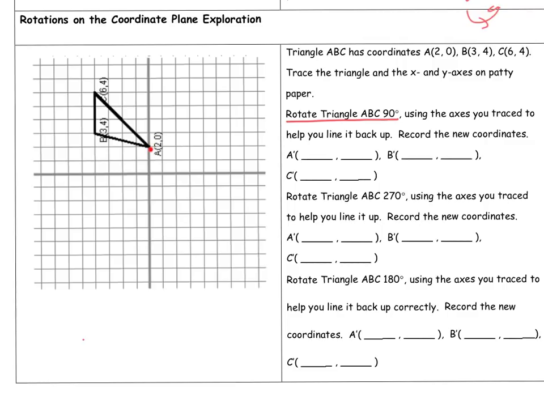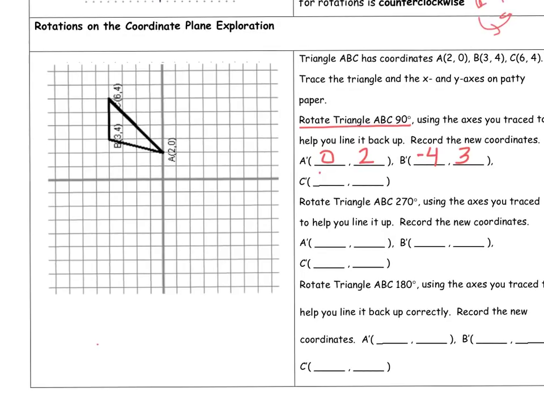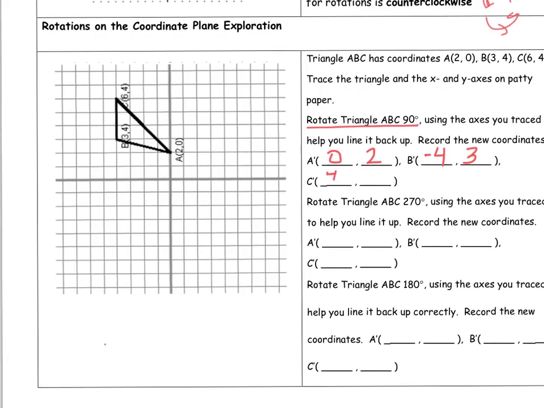A is at 0, 2, B is at negative 4, 3, and C is at negative 4, 6. And I'm going to record those coordinates over here. So A is at 0, 2, again B is at negative 4, 3, C is at negative 4, 6.